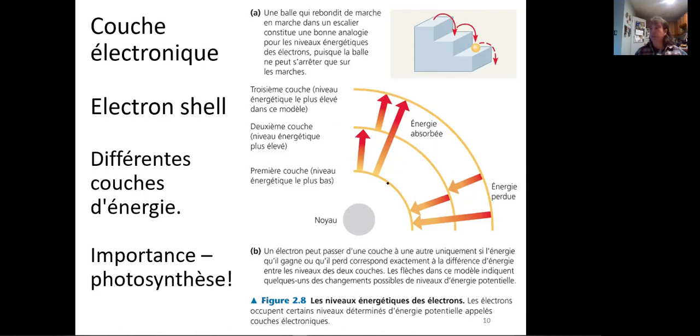A way that we can think about electrons moving from shell to shell or descending down from shell to shell is to think about stairs. So a set of stairs, and this ball bounces down it.